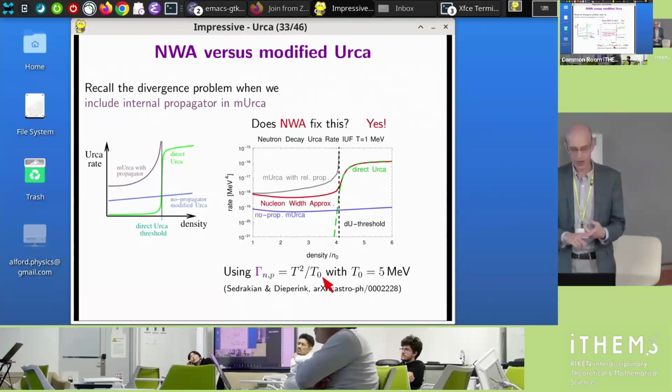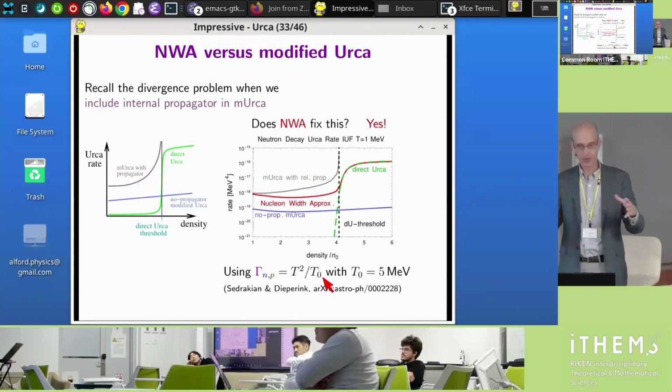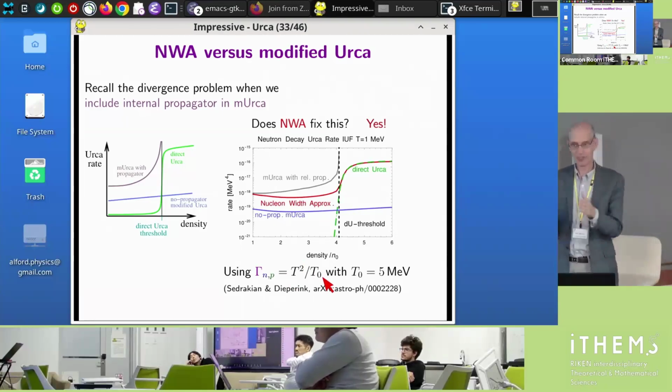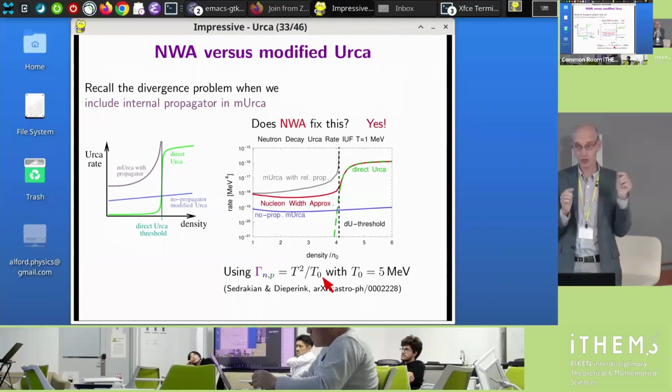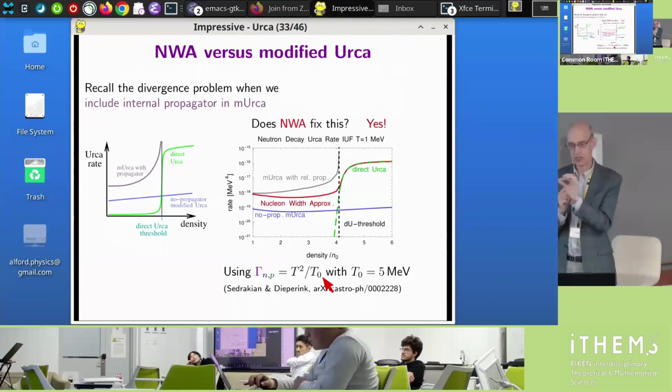One is that we assumed it didn't depend on the density. That's at a macroscopic level, at different densities, there's the same width. But within the given process, in principle, that width could depend on the energy and momentum of the nucleon itself, right? In that propagator, you could have a momentum and energy dependent width.